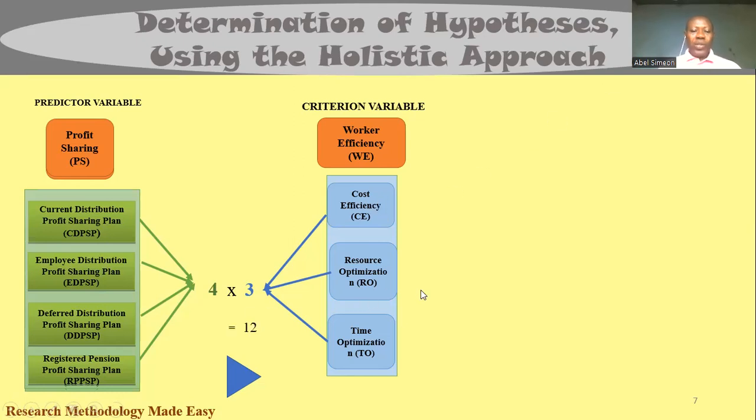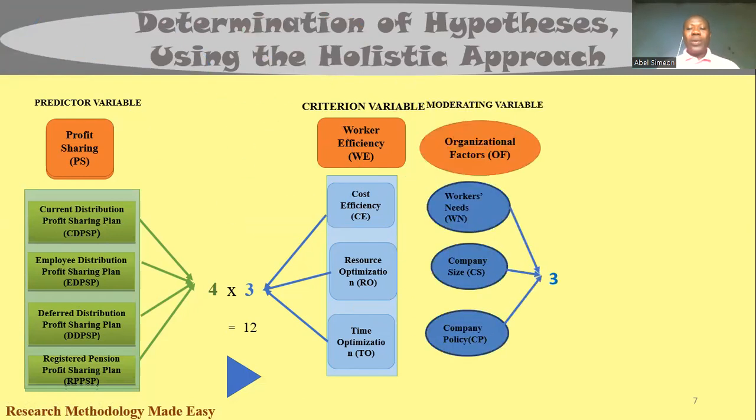Next, you take whatever result comes out of that multiplication and add it to the number of moderating variables. In this case, it is 3. So 12 plus 3 gives us 15.